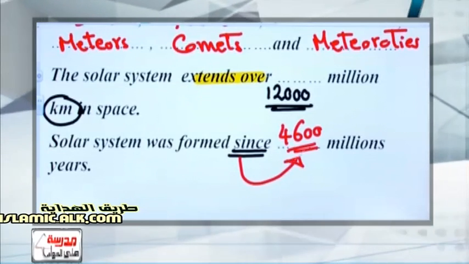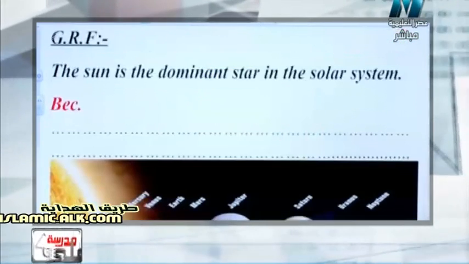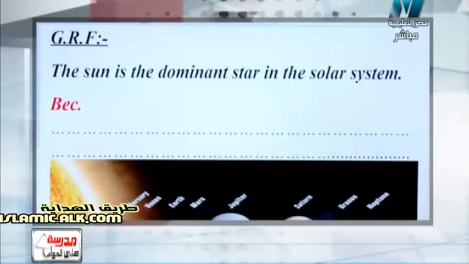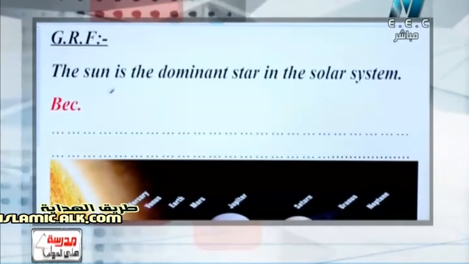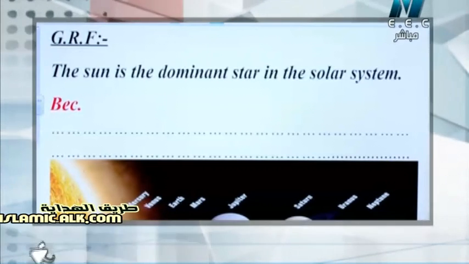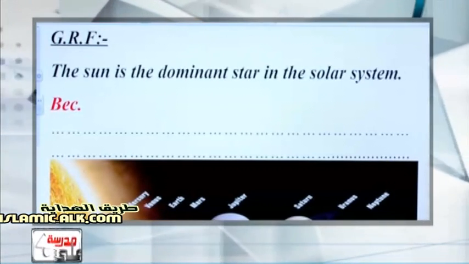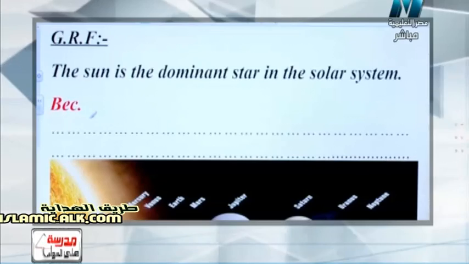The sun is the dominant star in the solar system. Give a reason. The sun is the dominant part of the solar system as it has 99% of the total mass of the solar system.